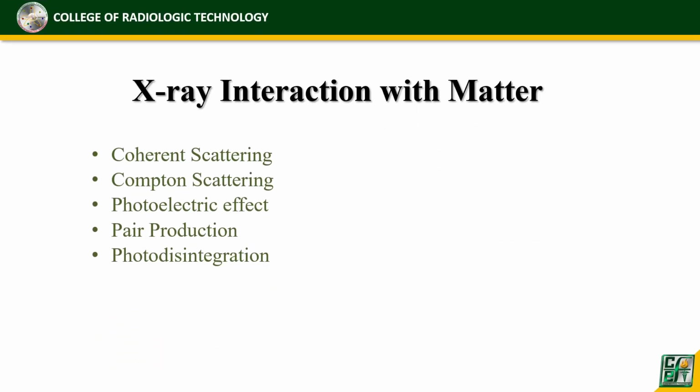Okay? So, yan. We have 5 X-ray interaction with matter. Yan ba yung nakita nyo? Yan ba yung nabasa nyo? Yung 5 yan. We have the coherent scattering, Compton scattering, photoelectric effect, okay? Then Pair Production, and photo disintegration.